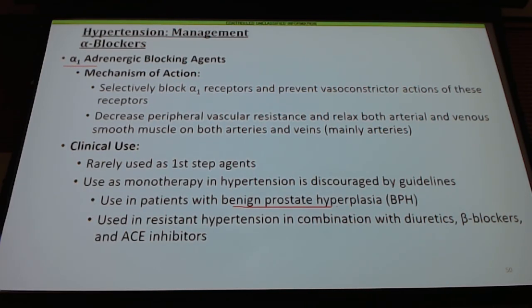And especially when we're talking about elderly patients, imagine what's going to happen if they fall and hit their head. So be careful using these agents for BPH when you have a patient with hypertension or on other antihypertensives.